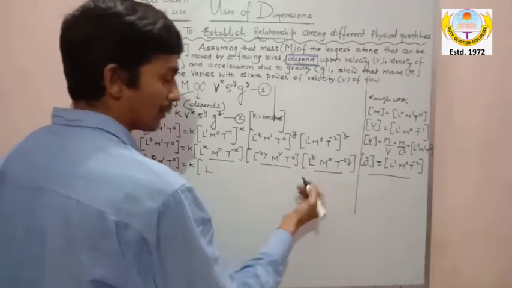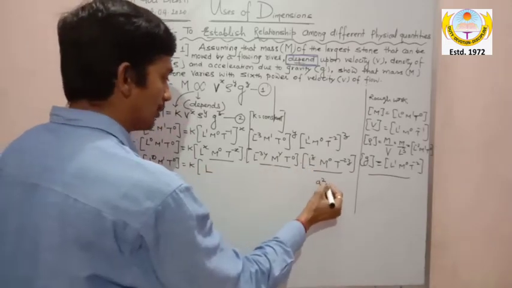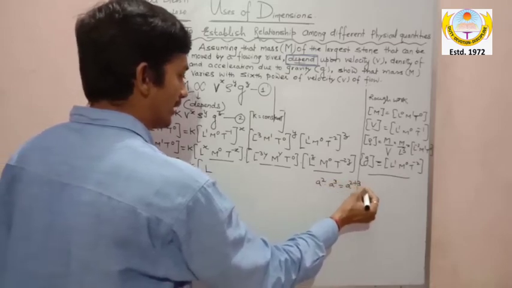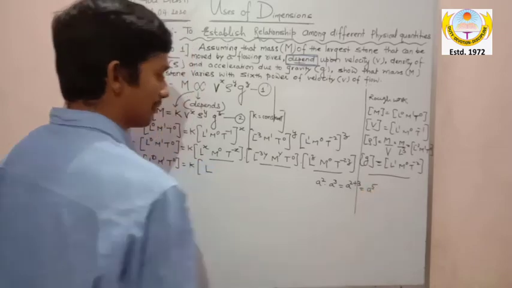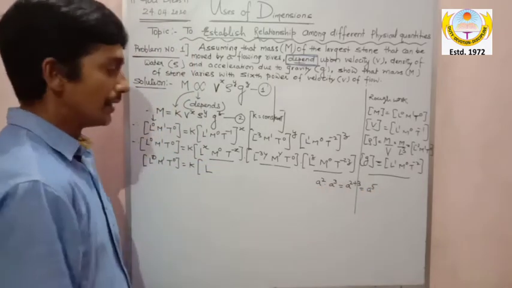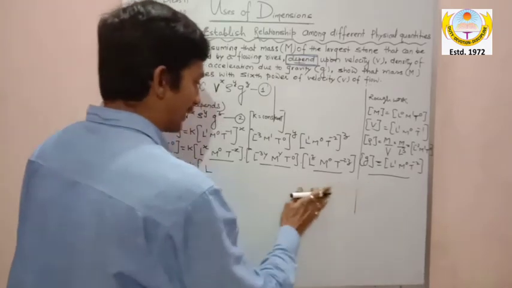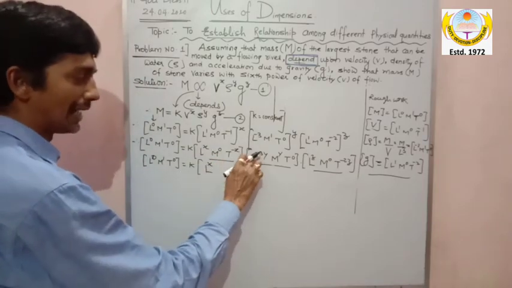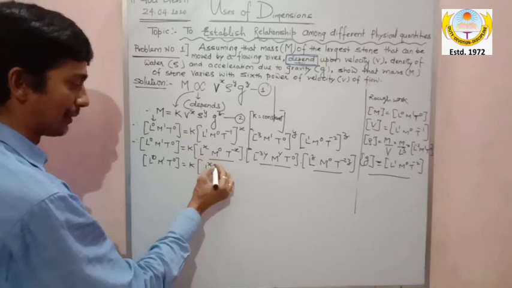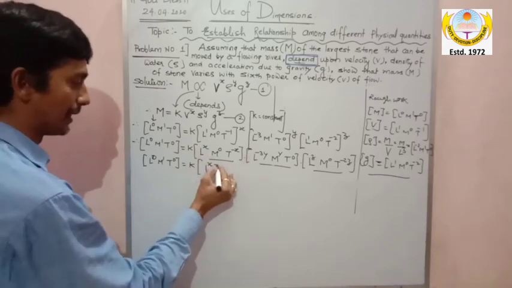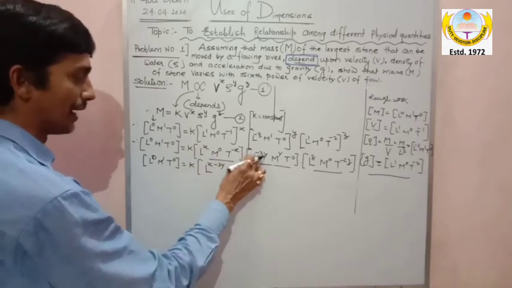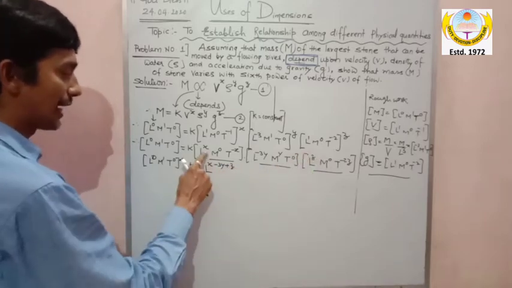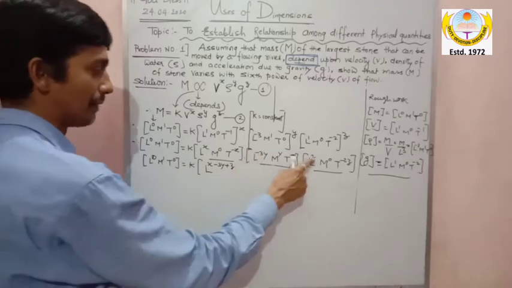You all know the power rule: a power 2 into a power 3 is a power 2 plus 3, equal to a power 5. If I apply the same method here, what will happen? This is L power x and this is minus 3y, so plus and minus becomes minus, so it is x minus 3y, and here it is z, so plus z. So the first answer, L power, will be x minus 3y plus z.